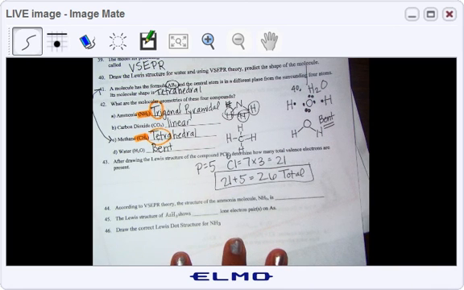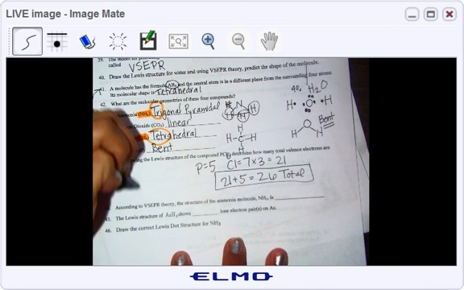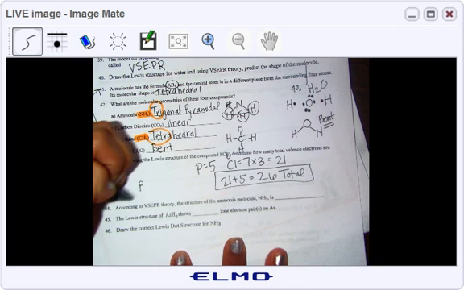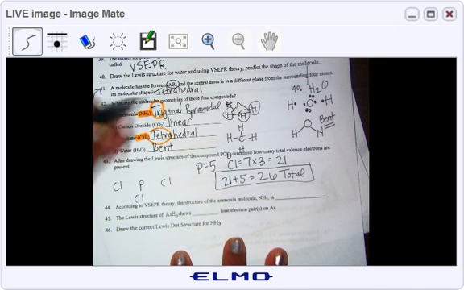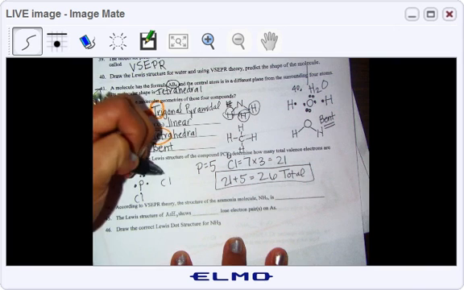Now, if you really, really, really wanted to draw it, you could. There's 3 Cls. There's 5 dots for phosphorus. For chlorine, they each get 7.